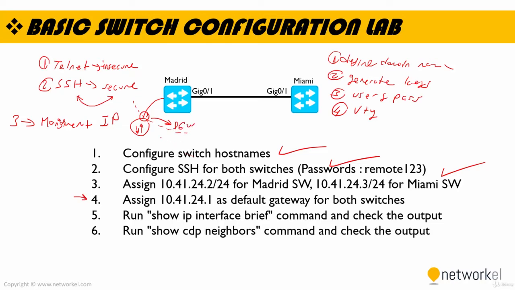So the interface of the router here will be this IP, but I'm not going to configure the router in this example. So I'm going to configure the default gateway for Madrid and Miami as the IP address of the router's interface. All right, let's go.